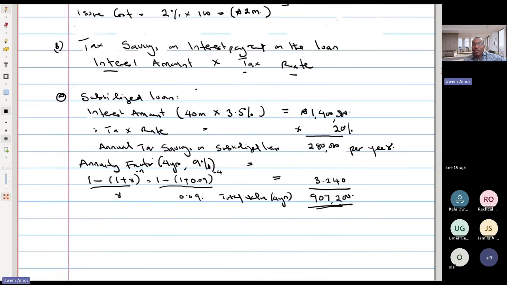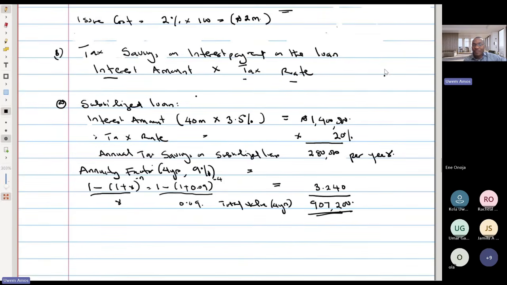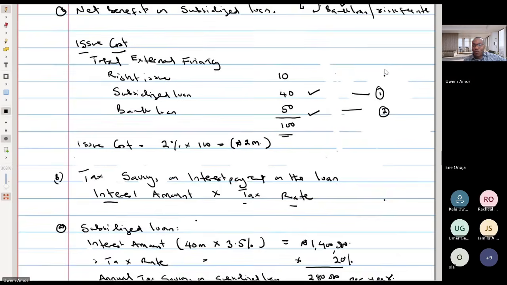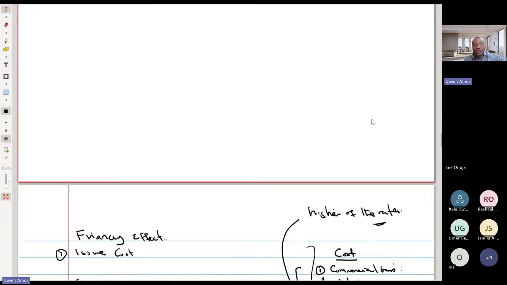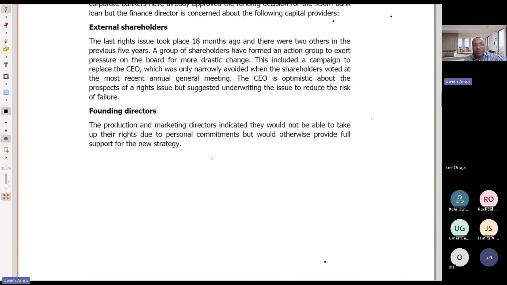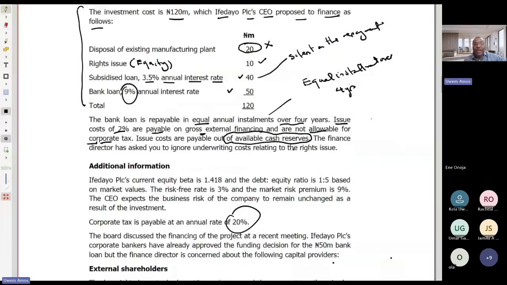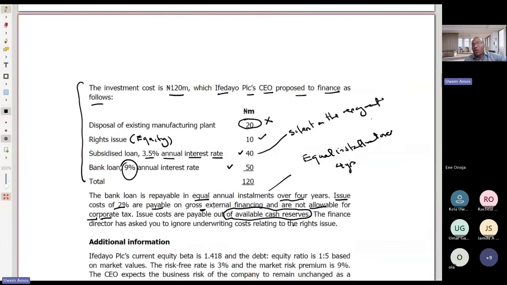Okay, great. Now there's something I want you guys to note with regards to interest payment. And that's what I highlighted at the very start. So I'm going right back to the question to point out that fact. We have two loans here: the subsidized loan and the bank loan.